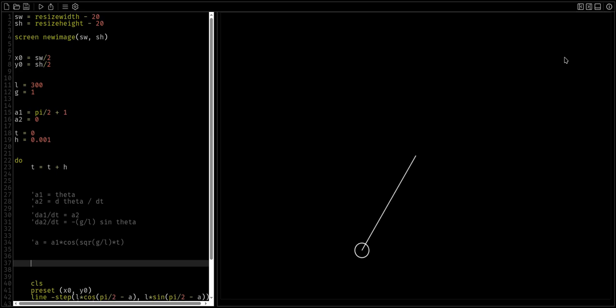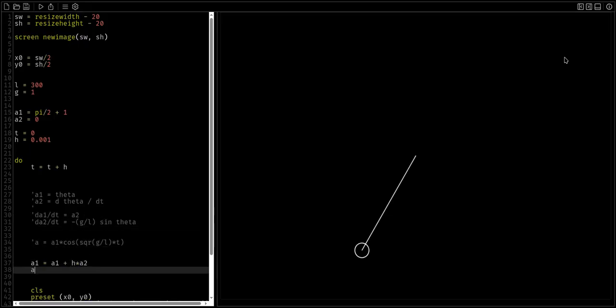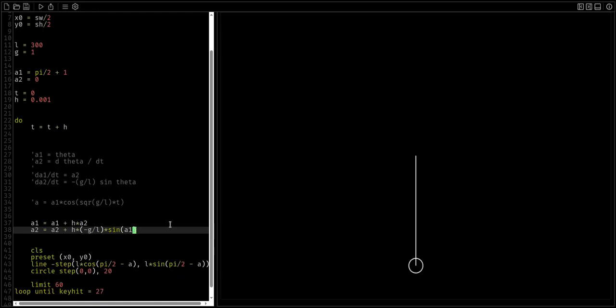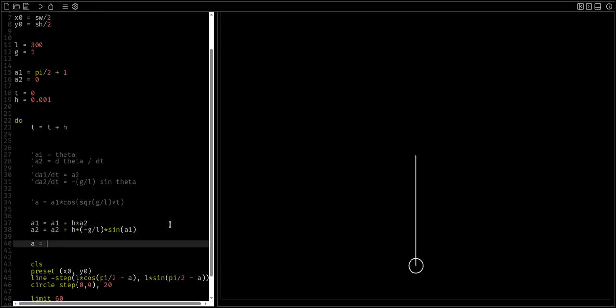And so for the Euler's method structure, we simply do something like this plus h times a2, and then a2 equals a2 plus h times minus g over L sine a1, and our final angle, or our display angle, is our a1, of course.